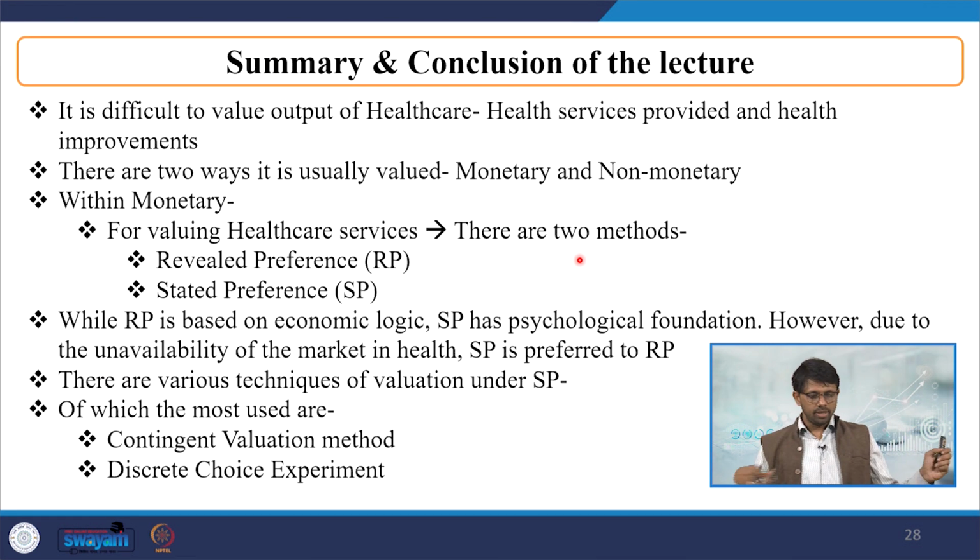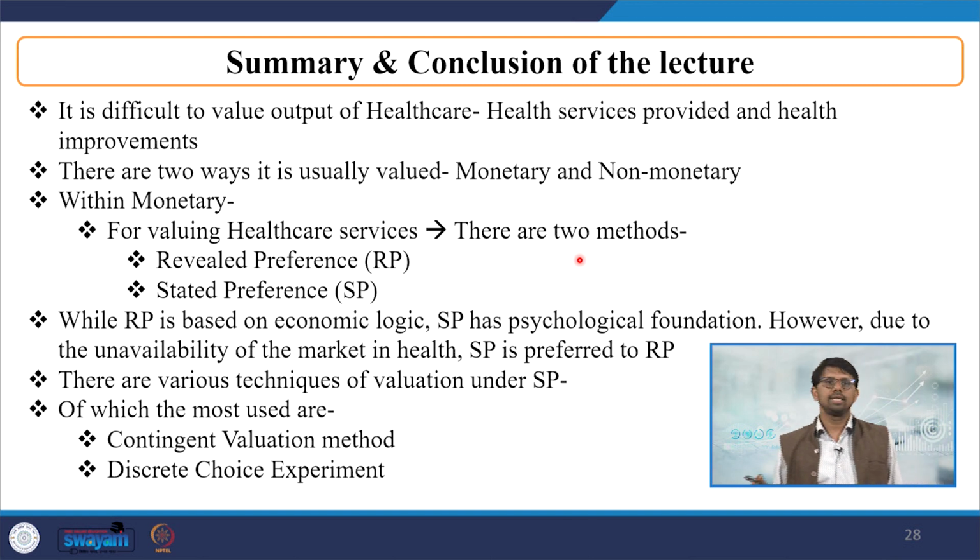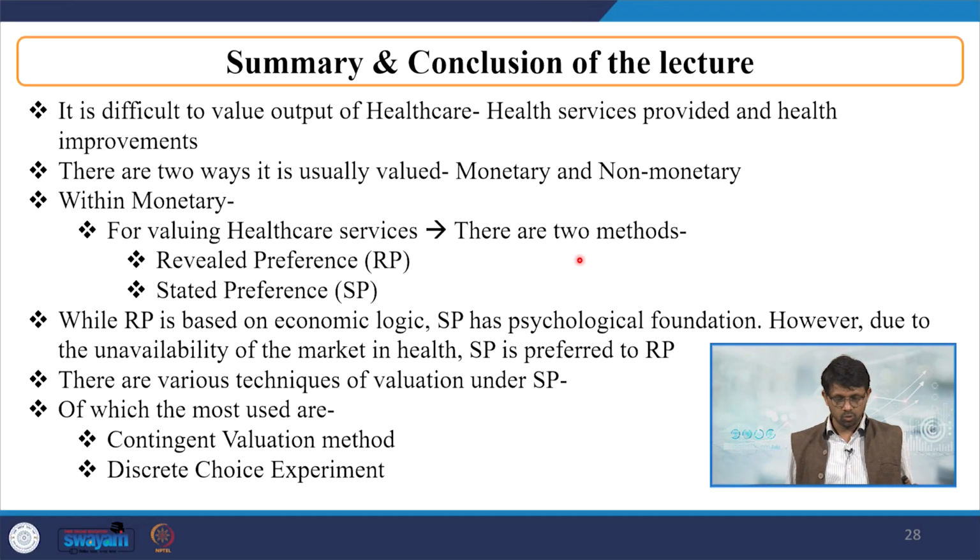So, that is all. I am just giving you the summary and conclusion of this lecture. It is indeed difficult to value the output of healthcare, since it is complex and largely provided by public institutions and is part of public policy. Evaluation by an individual, as a part of cost or the willingness to pay, is very tough, and there are 2 ways it is usually valued: monetary and non-monetary.